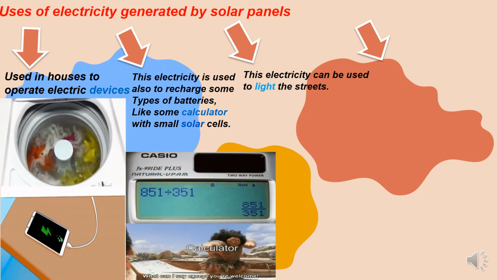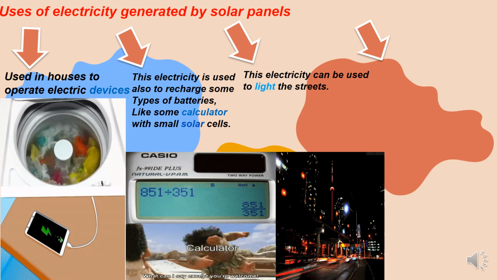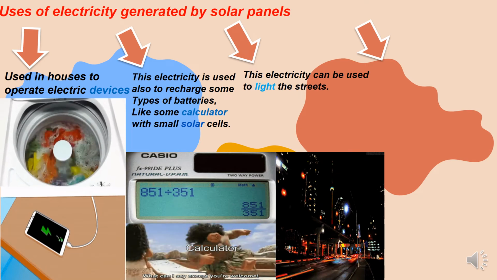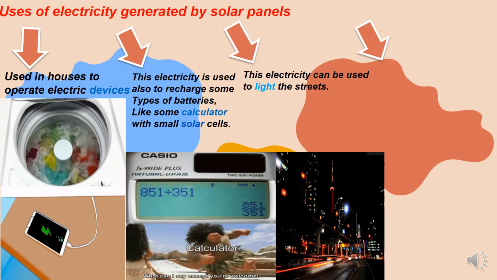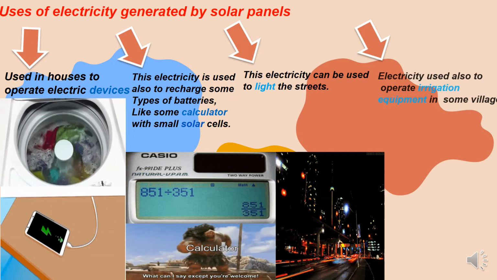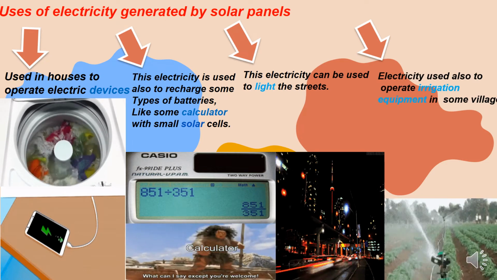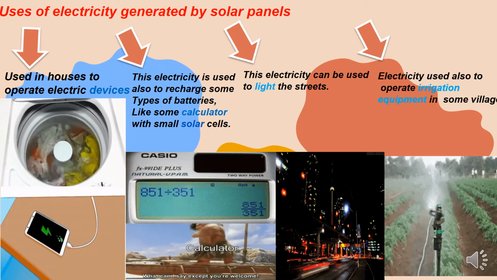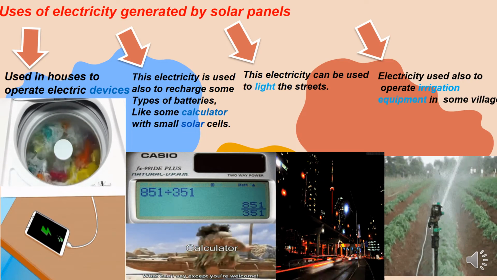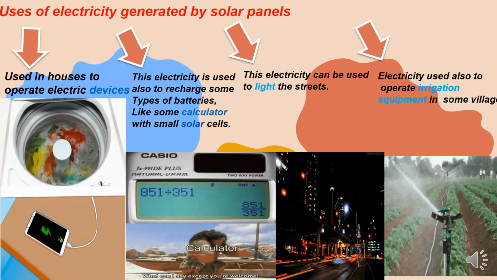Also, from that picture, this electricity can be used in lighting the streets. And finally, electricity can be used to operate irrigation equipment in some special villages.